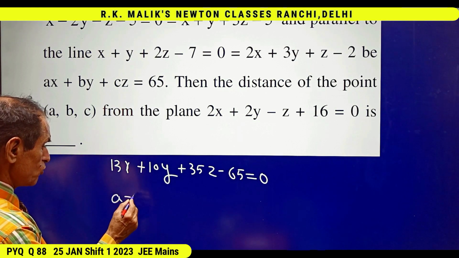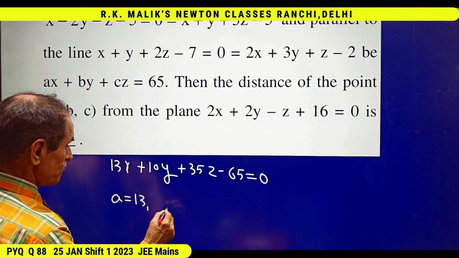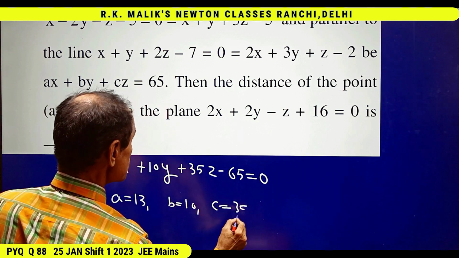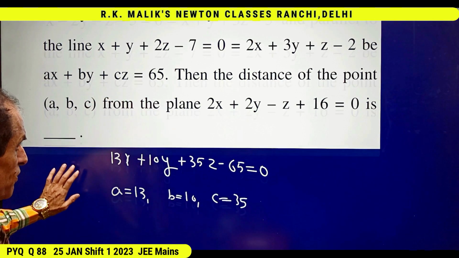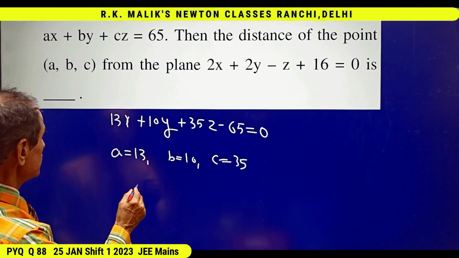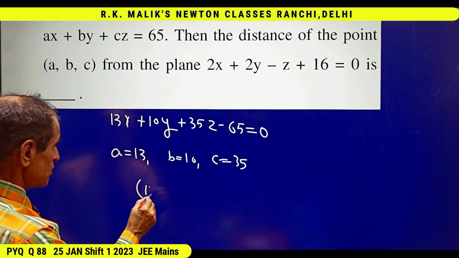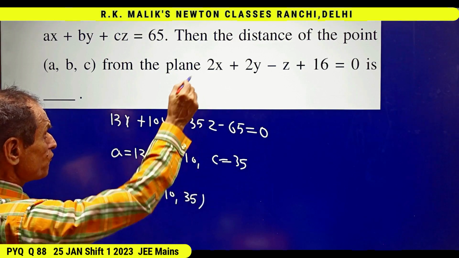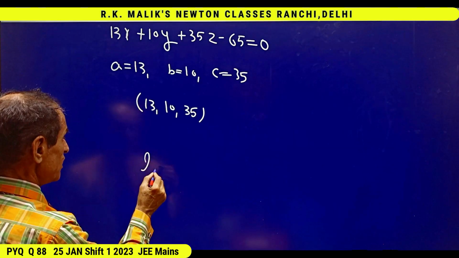Therefore, A equal to 13, B equal to 10, C equal to 35.